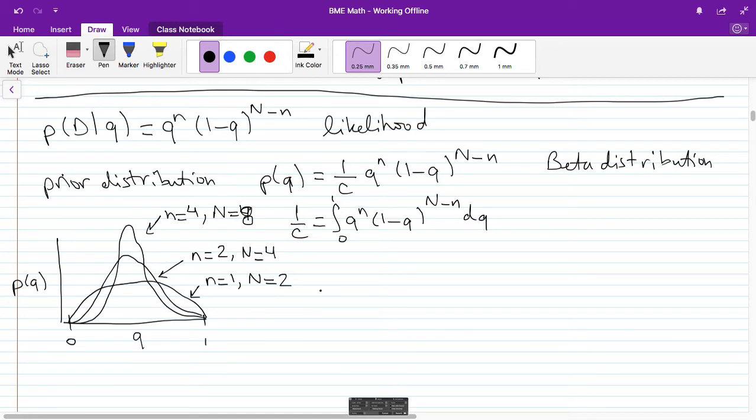All right. So now we're going to look at our posterior. What's the probability of q given my data? We're going to have the likelihood. Here's the likelihood.